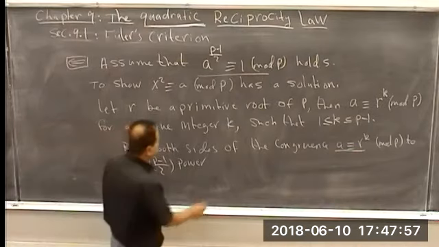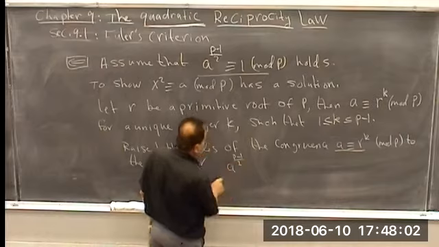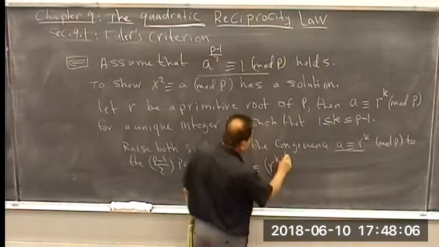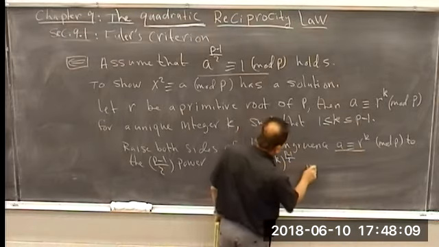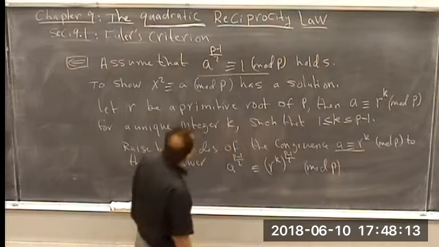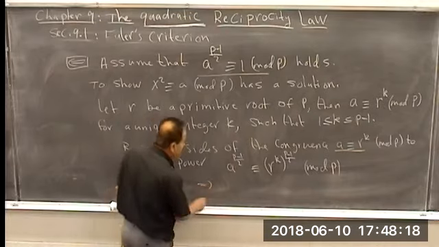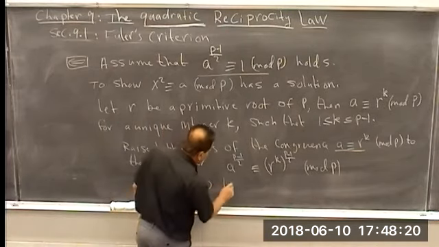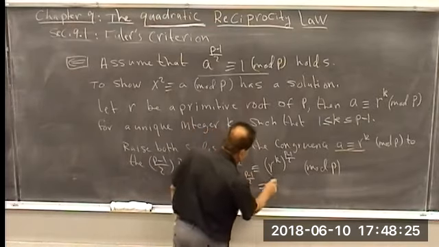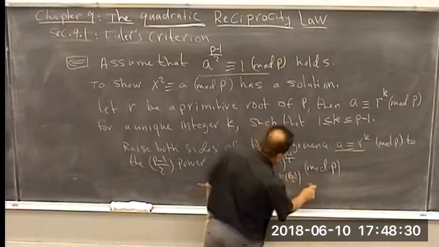So the left side becomes A to the P minus 1 over 2, and this is congruent to R to the K, to the P minus 1 over 2 mod P. And since this one is congruent to 1, this implies we have 1 congruent to A to the P minus 1 over 2, congruent to R to the K, to the P minus 1 over 2 mod P.